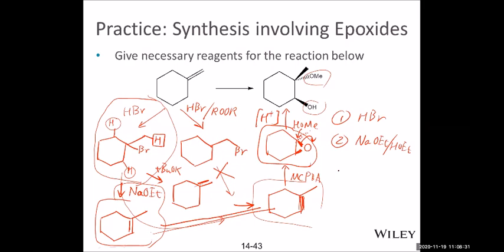And then, since we need to form the epoxide, we add the MCPBA to form the epoxide. And then finally, from the epoxide, we add alcohol as a nucleophile, and the condition is acidic.